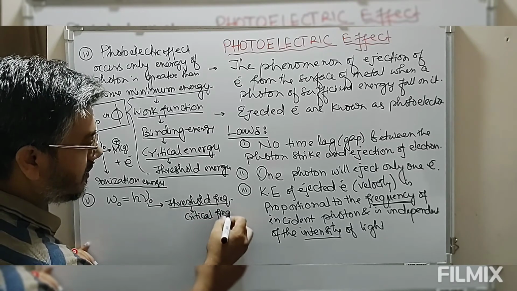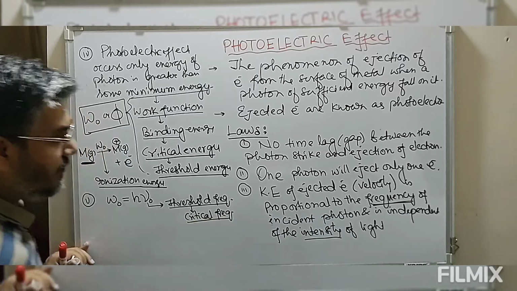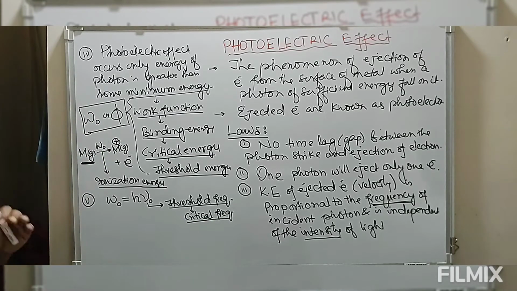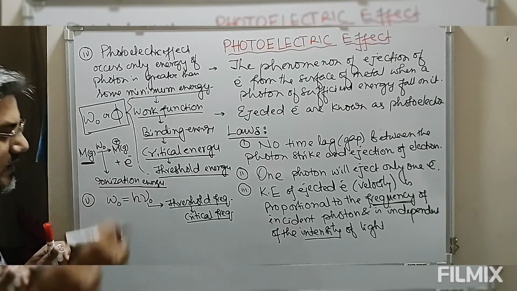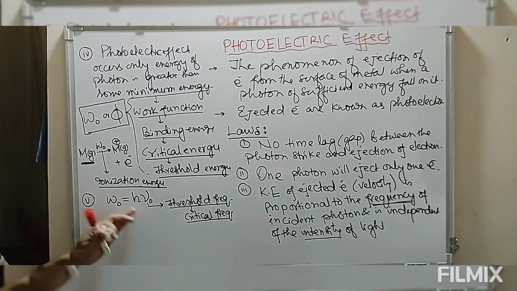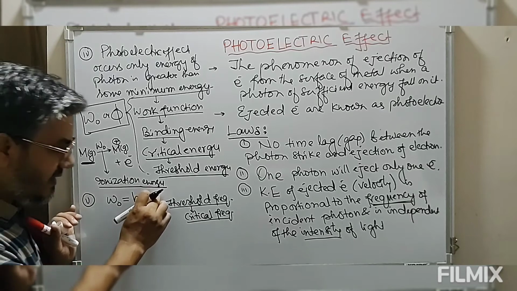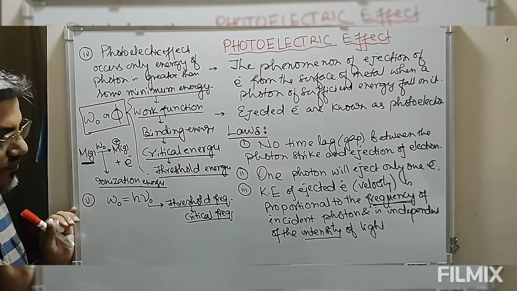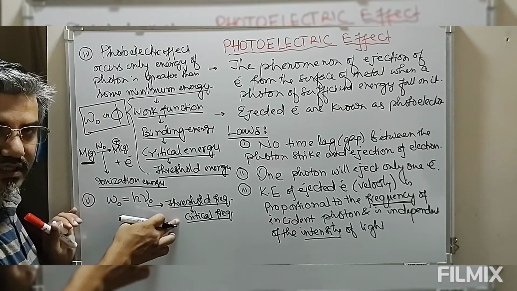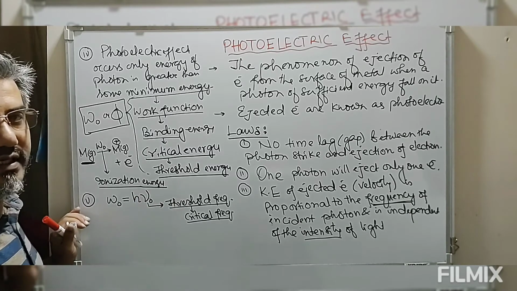That means the frequency of the incident photon should be greater than this threshold frequency. If the frequency of the incident photon is less than this threshold or critical frequency, then no photoelectric effect takes place.